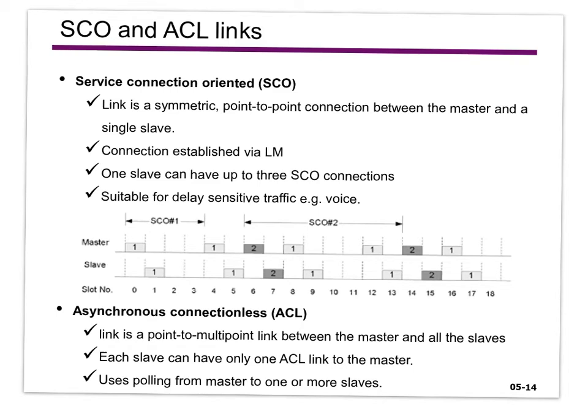So with that, of course, the question is, what type of quality of service can we provide? Quantitative, qualitative, what can each of these link types provide? The SCO, right. For synchronous connection oriented, we can provide guaranteed quality of service, quantitative.